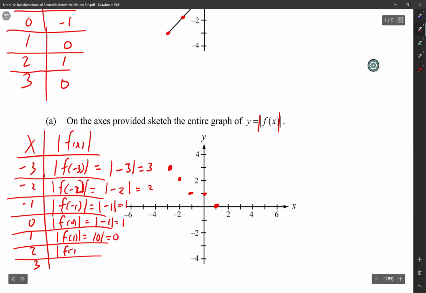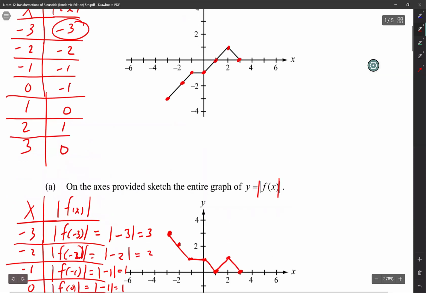This was absolute value of f of 2. F of 2 was 1, and absolute value of 1 is just 1, so (2, 1). And then again, absolute value of f of 3. F of 3 was 0, so absolute value of 0 is just 0. So then we just plot them. And there it is.